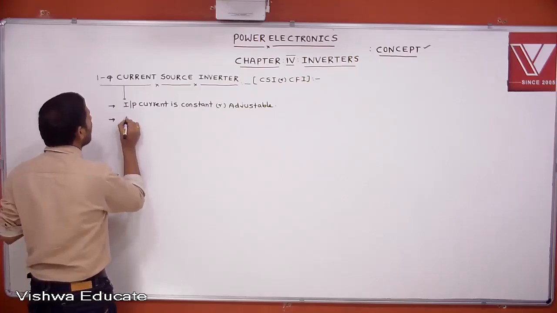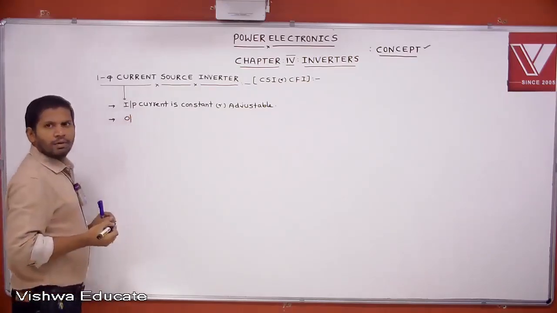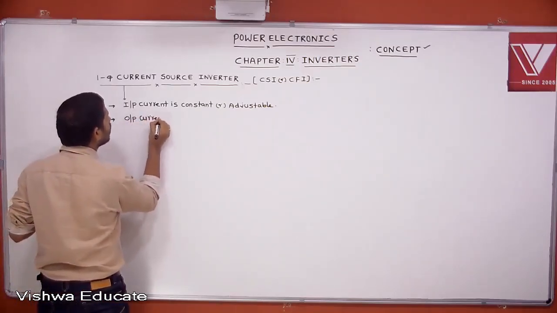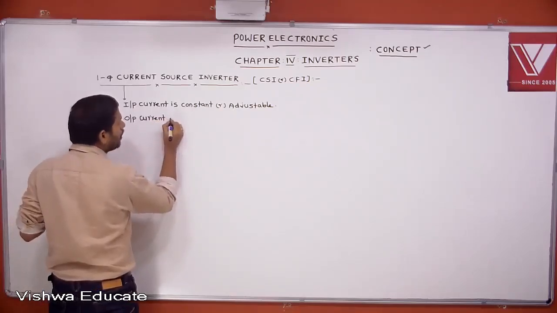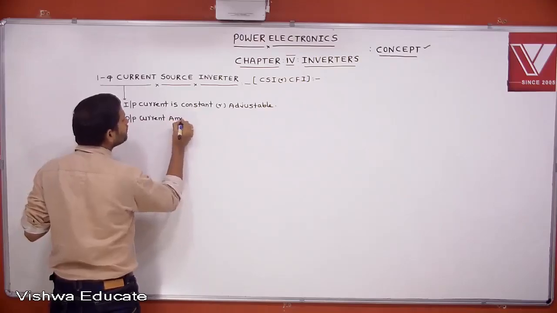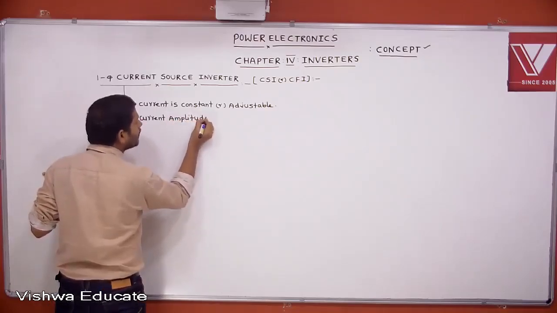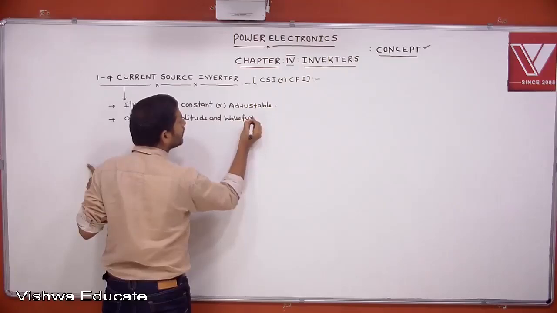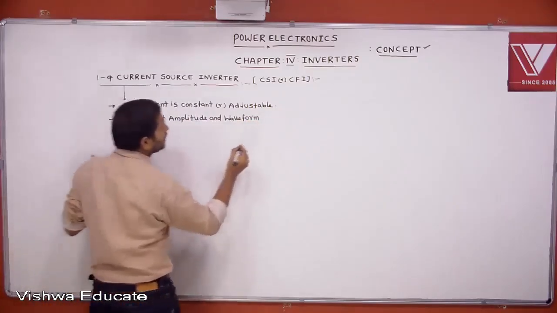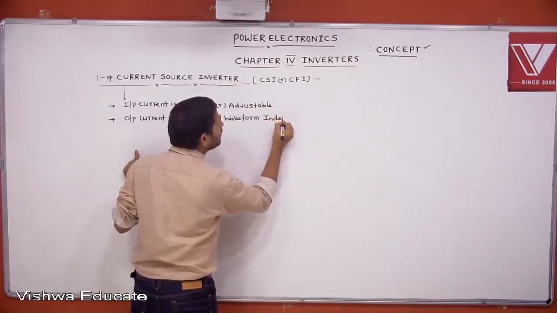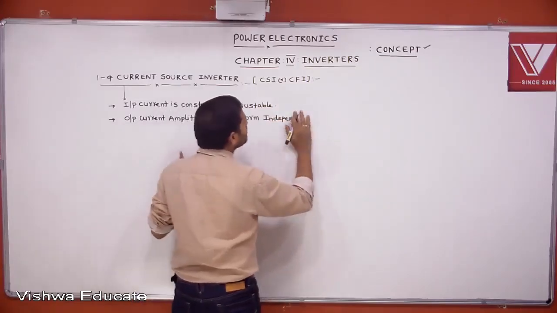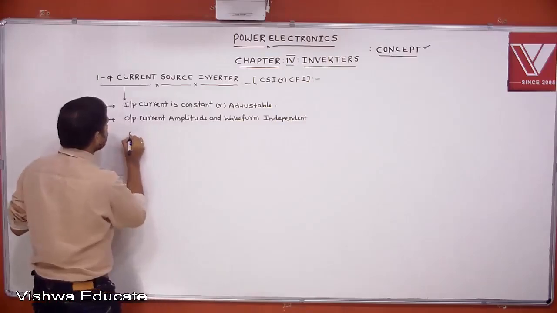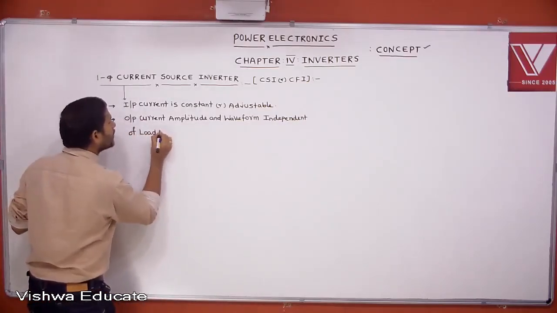That is, output current amplitude and waveform in current source inverters are independent of load parameters.